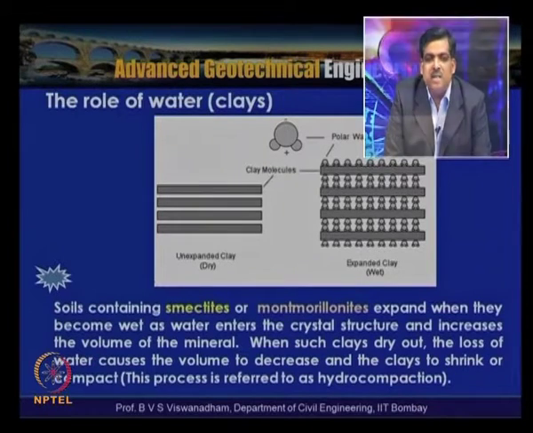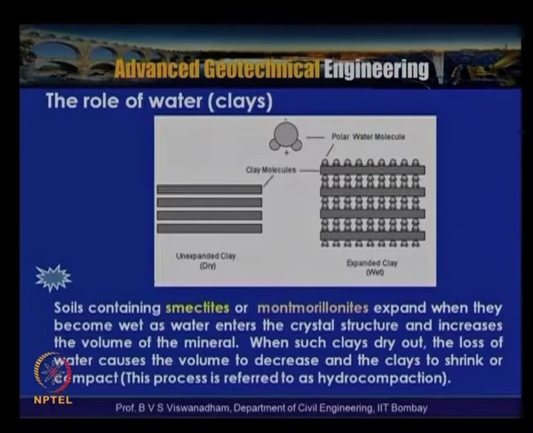So, soils containing smectites expand when they become wet as the water enters the crystal structure and increases the volume of the mineral. It increases the volume because the water accumulates between the platelet particles and pushes the particles apart, and because of that the volume of the soil mass increases.